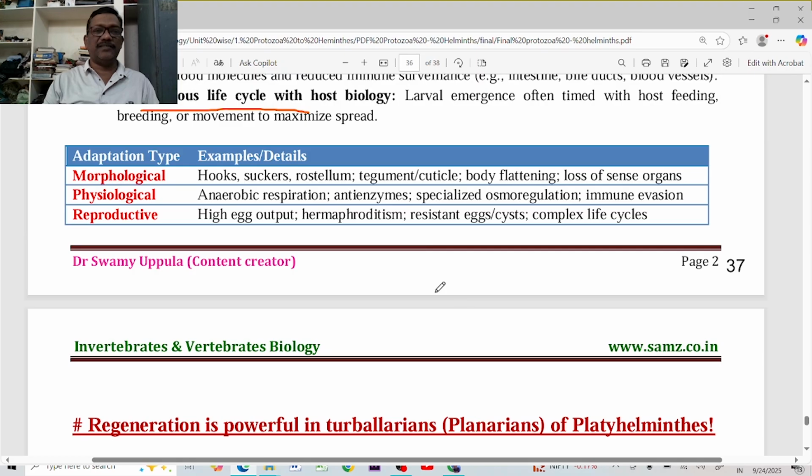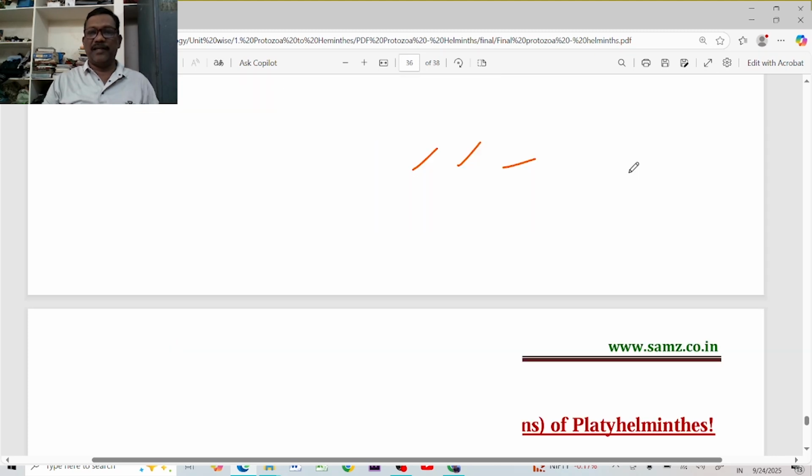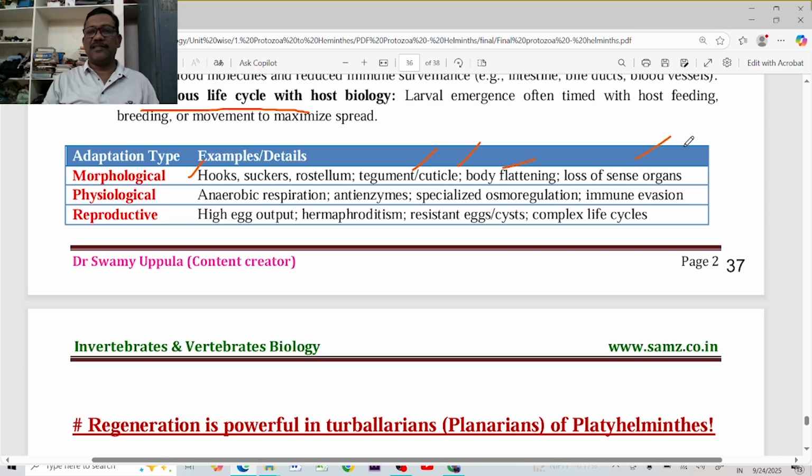If we see once again, the morphological adaptations: the presence of hooks, suckers, rostellum, the mouth region, tegument, cuticle, a flattened body, and loss of sense organs or other organs, which are absent in them. Physiological adaptations: they can follow anaerobic respiration.